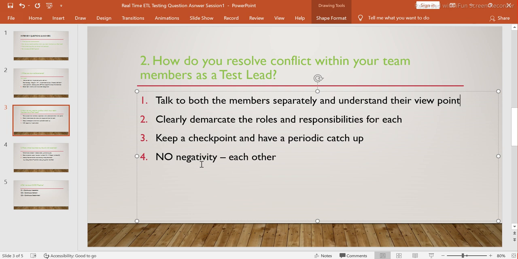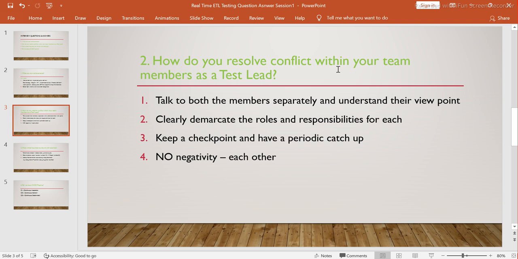And it's not good as a lead, because you should not talk about any negative things. You should always talk about positive things, and when you're talking about one person, you always focus on that person only. You should not talk about something else, right? So these are the few things that we should take care of, and then I think the things will be resolved.